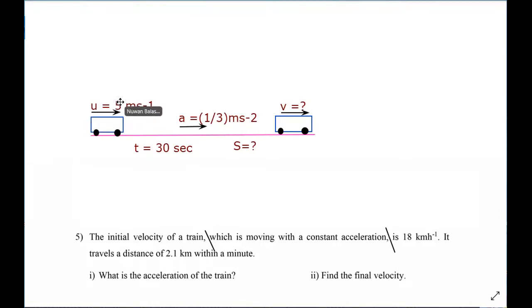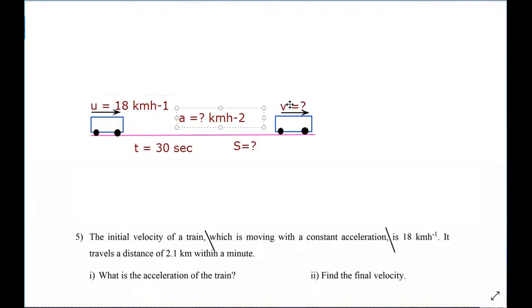So initial velocity is 18, and the unit is not meter per second, it is kilometer per hour, km h minus 1. Acceleration will not be meter per second. We don't know what the acceleration is, and it should be kilometer per square hour.